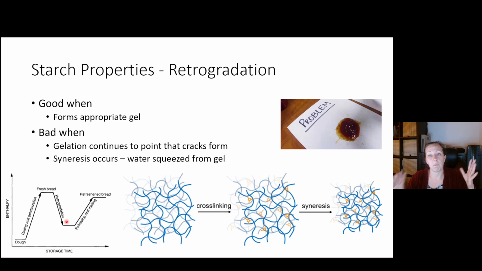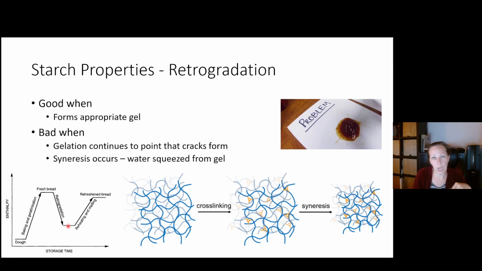So you have bonds beginning to form, and it pushes the water out a little bit, and that water evaporates and you get staling. Now, you actually start to get some retrogradation even here as soon as it stops cooking. And some of that is good. So think about a cake. Cake is way too sticky when it first comes out of the oven.